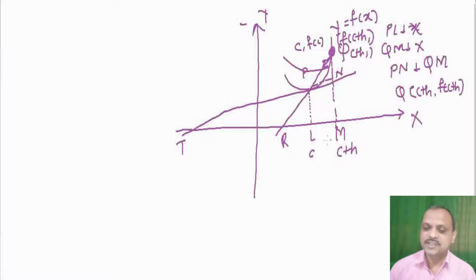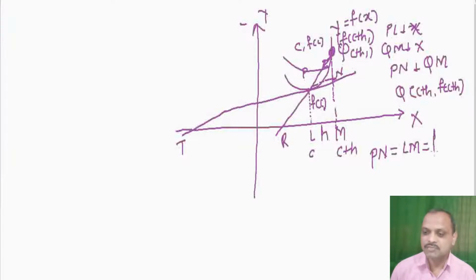So this distance is h, and this distance is f of c. Then you can see that PN is nothing but LM, and LM is equal to h.